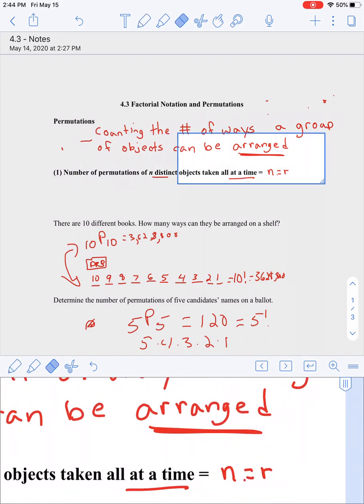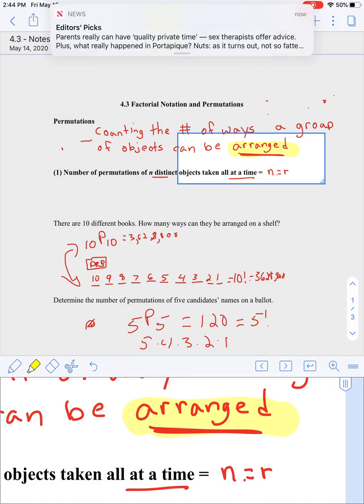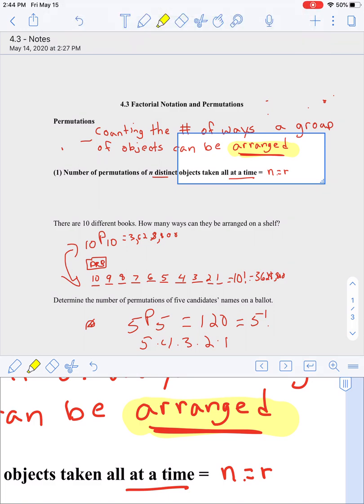Now this arranged part is pretty important because when we get into other groupings, arrangements will mean permutations, okay? So the number of permutations of n distinct objects all taken at a time, okay?